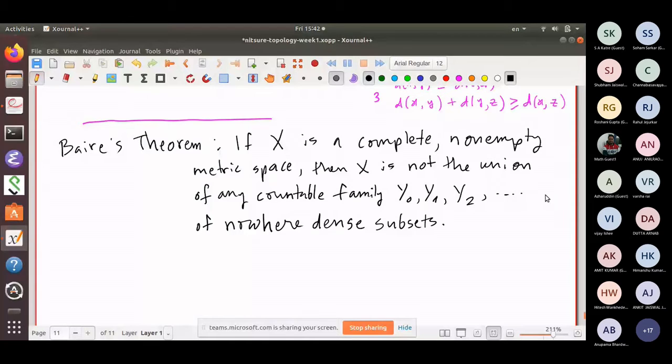So there may be a few such examples like Baire's theorem in which you may have to explicitly state that your metric space is non-empty. Otherwise, there is not going to be any problem. And you will have much more things available to you. You can take intersection of two subspaces of a metric space, and that is again a metric space.